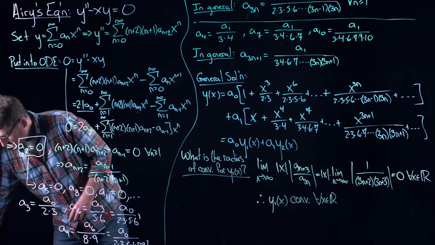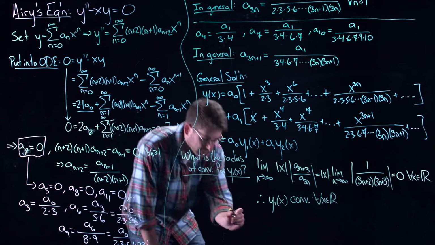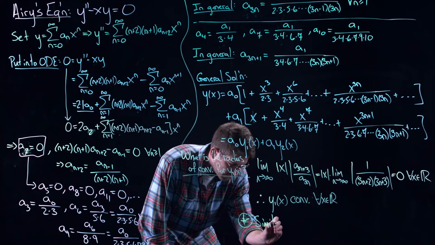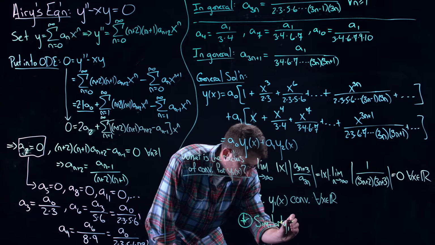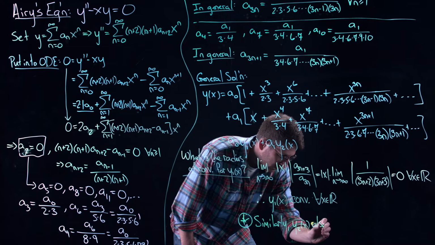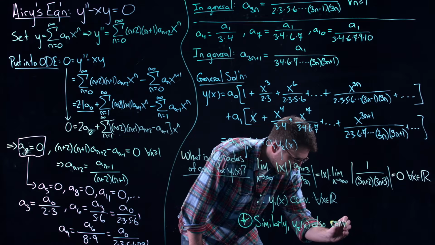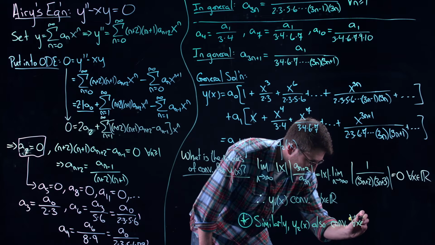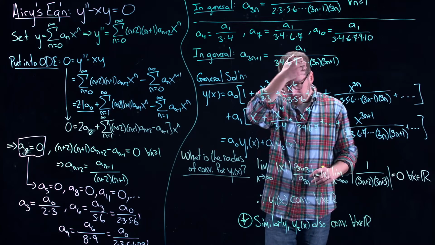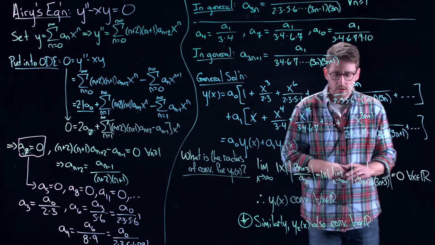And it turns out that you can do exactly the same thing. So similarly, y2 of x also converges for all x and r. So both of these things converge for every single value of x and r.